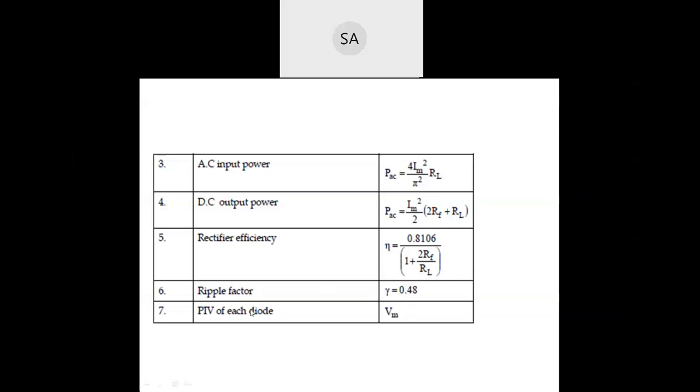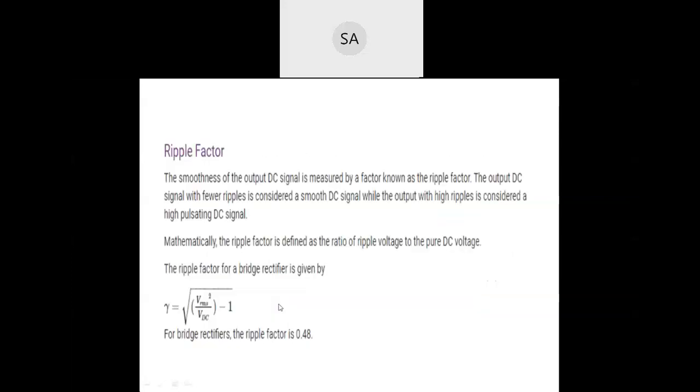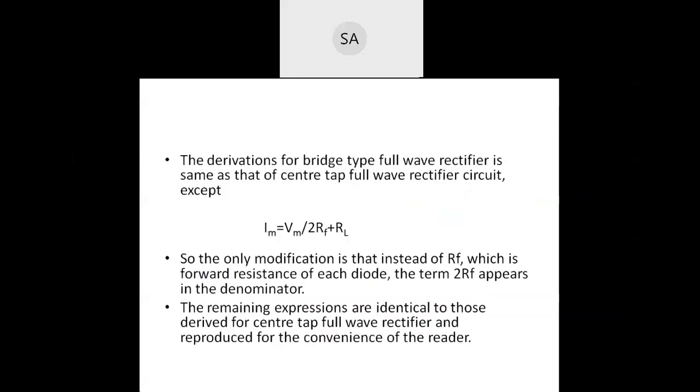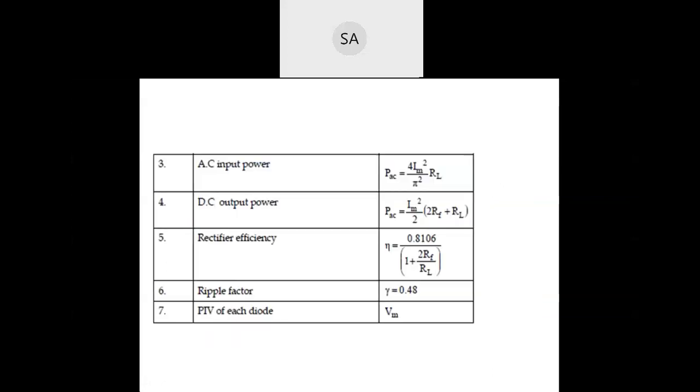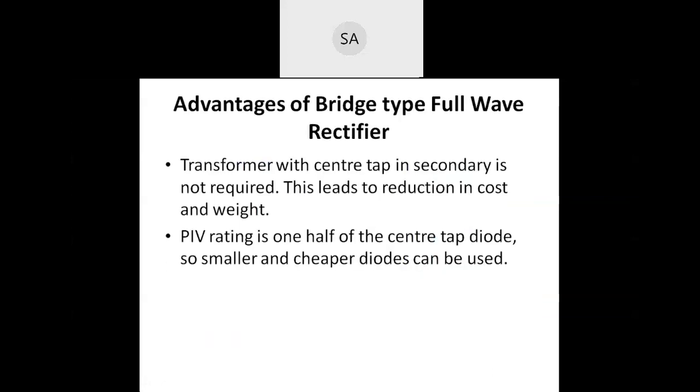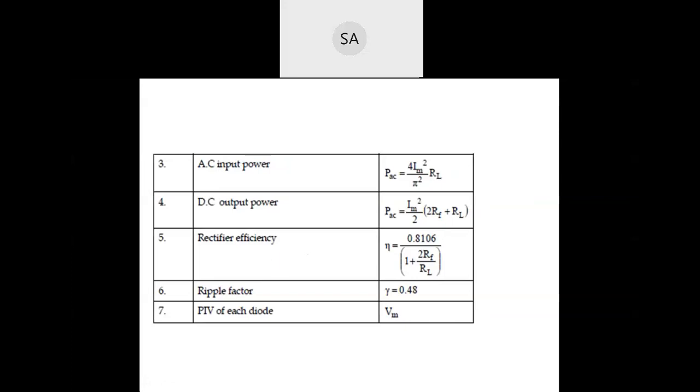And the peak inverse voltage of each diode here is Vm only, whereas in the center tap full wave rectifier it is 2 Vm. So what is the difference between the center tap and bridge full wave rectifier?